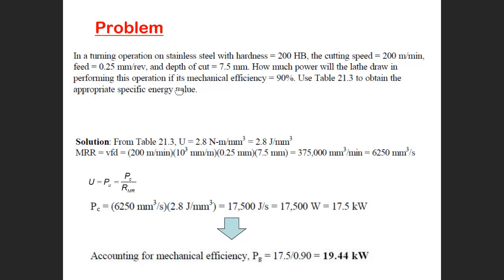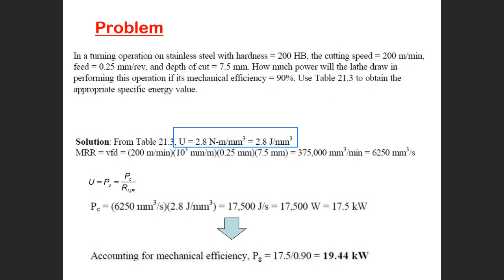How much power is drawn by the lathe in performing the operation, with machine efficiency 90%? Use the unit power, which can be obtained from the table for cutting stainless steel. Then the material removal rate can be calculated.